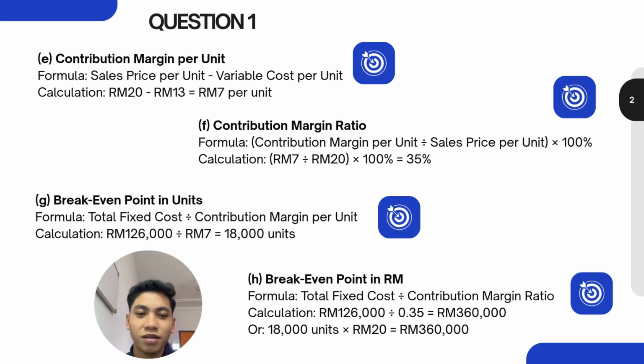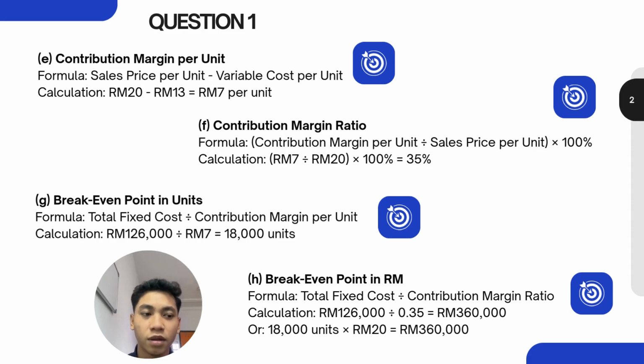Next, the break-even point in units is determined by dividing the total fixed cost of 126,000 ringgit by the contribution margin per unit of 7 ringgit. This shows that the company must sell 18,000 units to reach the break-even point.